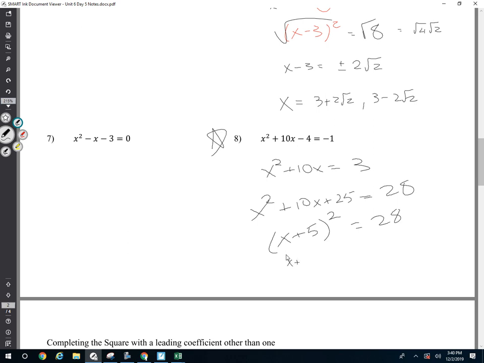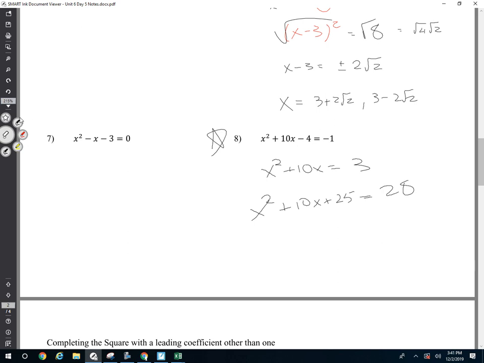Yes, Ms. Abernathy. Yes, did you write down the correct answer here? It's root 4. Root 28 is root 4 times root 7. Okay. It's not what adds, it's what multiplies. Okay.